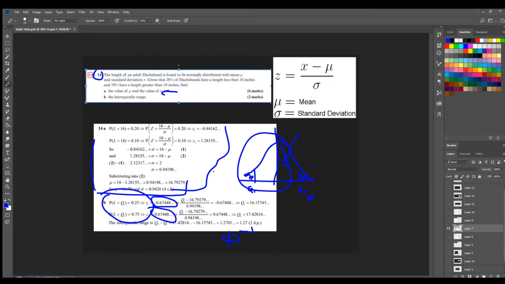You then put in the formula where z is this, x is the unknown, minus the mean, which you got from question A, over the standard deviation, which you also got in question A. Knowing this, you get quartile 1 and 3, and then you subtract them for the interquartile range.